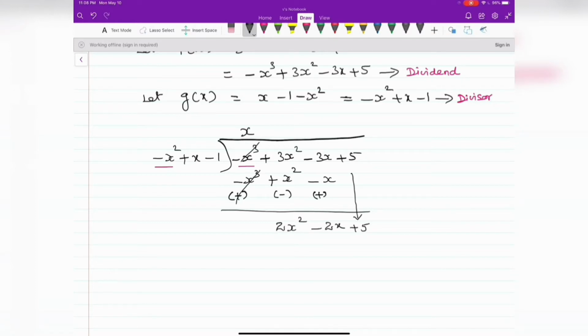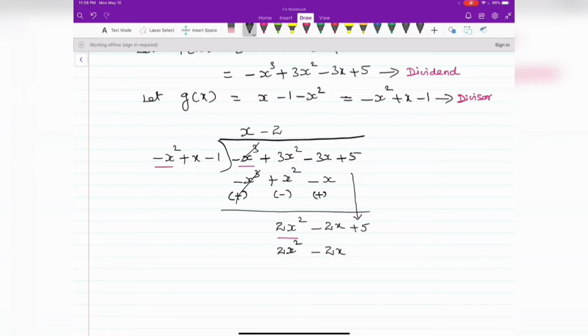Okay. Now I am having here 2x square. I need 2x square. So what should I do to get that? Let me multiply minus x square by minus 2. Only then minus 2 into minus x square will give 2x square. Then x into minus 2, that is minus 2 into x, will give minus 2x.